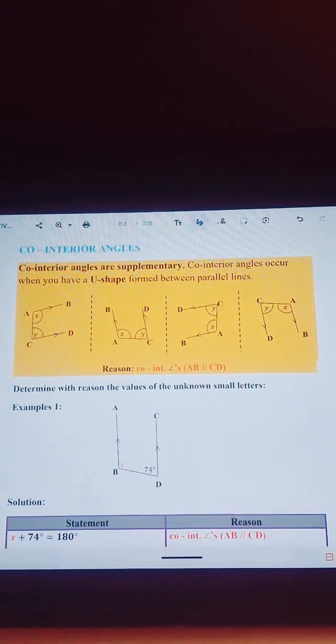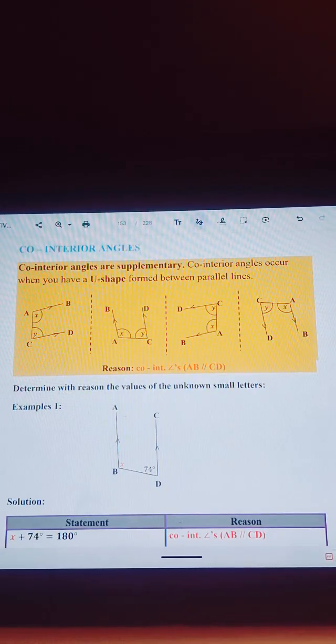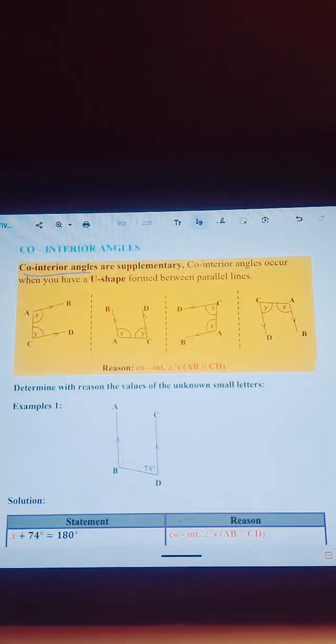Okay, let's look at co-interior angles now, because it's only fair. Give these topics equal time. So co-interior, what's co-interior? Co means together, interior, inside.